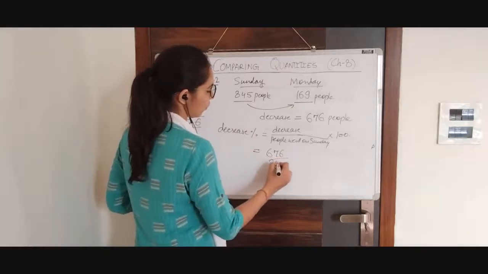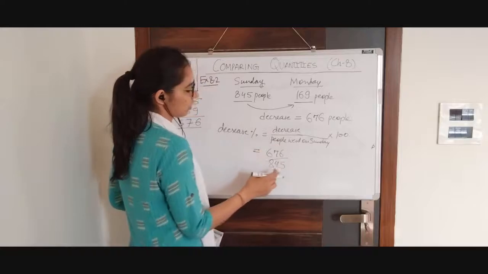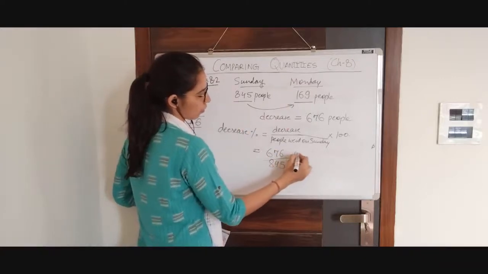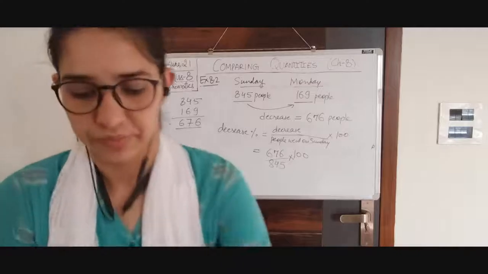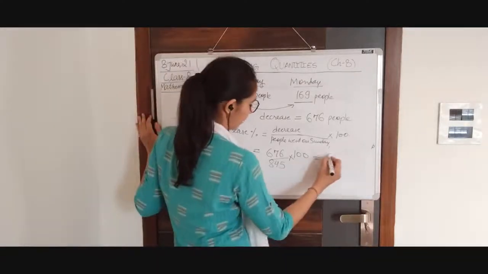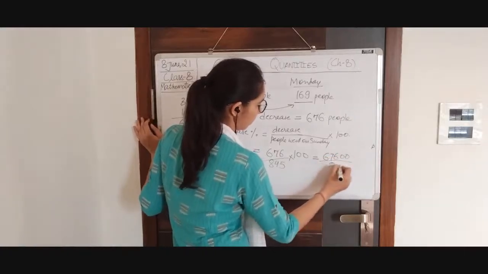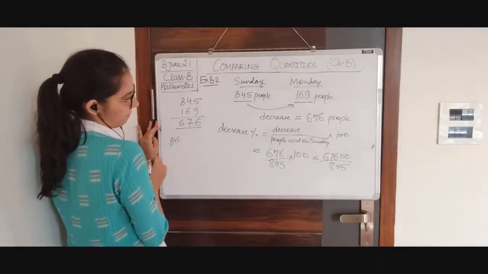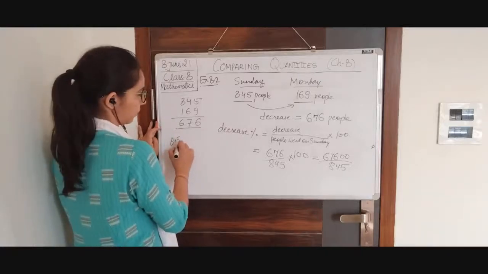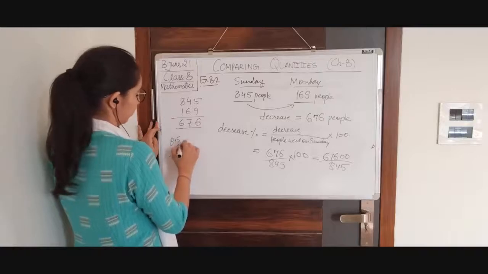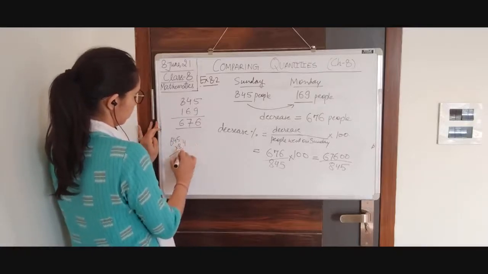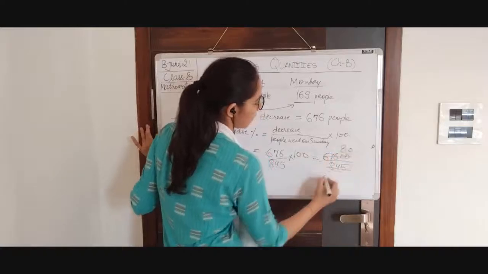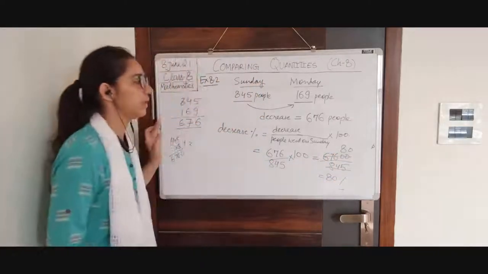People went on Sunday is 845 because this much decrease on this much people. इस पर ये डिक्रीज नहीं हुआ है, डिक्रीज किस पर हुआ है? इस पर into 100. ठीक है, now we'll perform the calculation. 676 into 100 divided by 845, it will be 80, that is 80%. So your decrease is 80%.